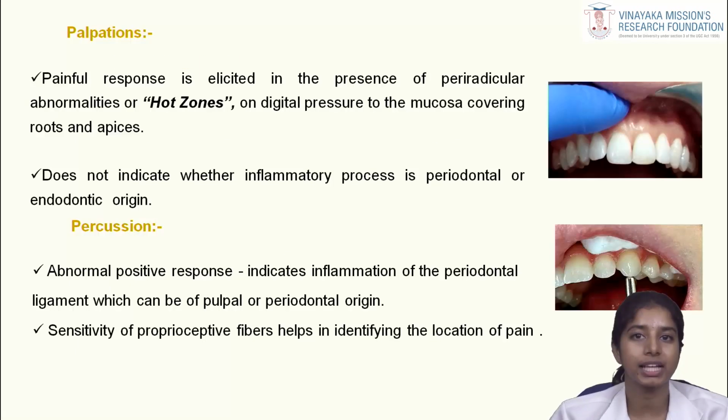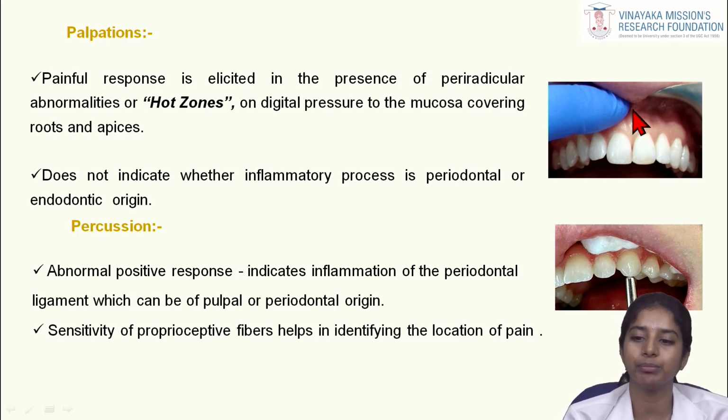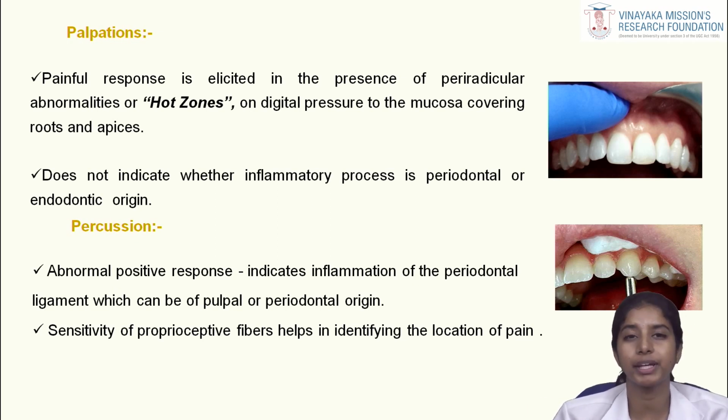Then we have palpation and percussion. First one, palpation, which is digital pressure to the mucosa covering the roots and apices, and a painful response is elicited in the presence of periradicular abnormalities or hot zones, but it does not indicate whether the inflammatory process is of periodontal or endodontic origin. Then we have percussion.